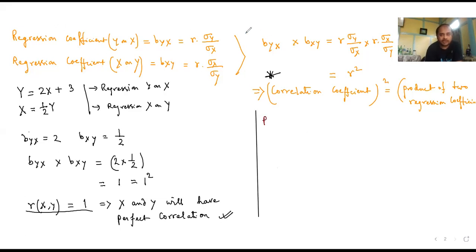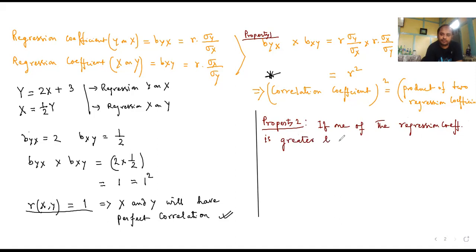If you call this property 1, then property 2 is: if one of the regression coefficients is greater than unity, then the other one must be less than unity.